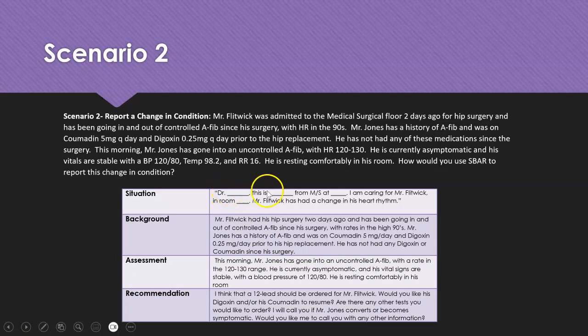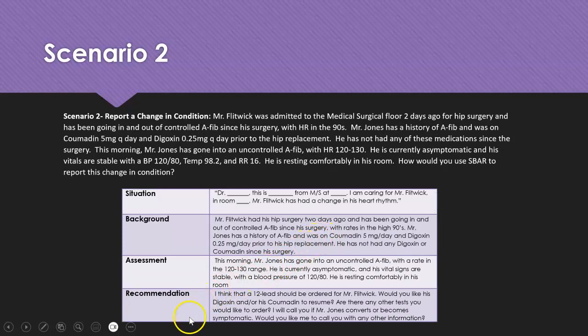Situation. Dr. X, this is Nurse Z from Med Surge at Blue Blue Blue. I am caring for Mr. Flitwick in room Blue Blue Blue. Mr. Flitwick has changed in his heart rhythm.